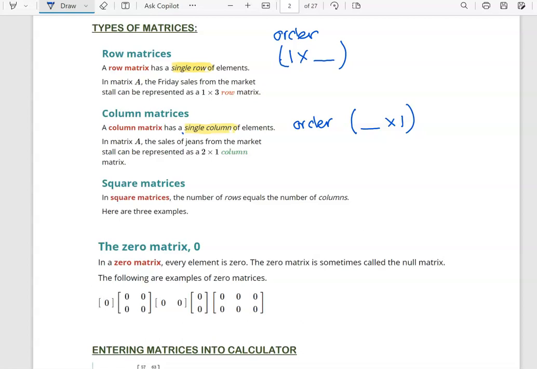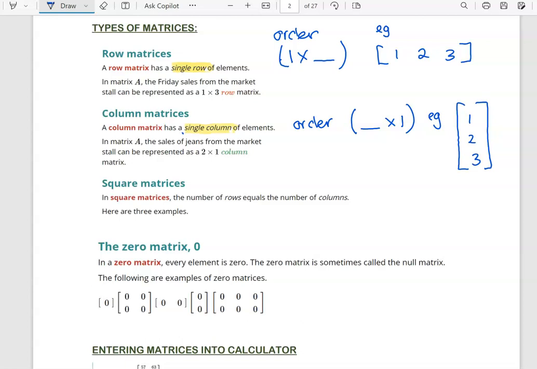Here's an example of a row matrix, say 1, 2, 3. I'm just making them up. And an example of a column matrix is just a column. It could look like that.